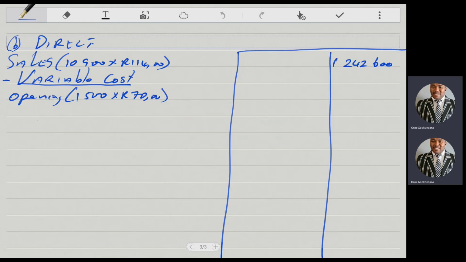So with our opening inventory, it's 1,500 times 70 rands, and it gives us 105,000, plus the production.